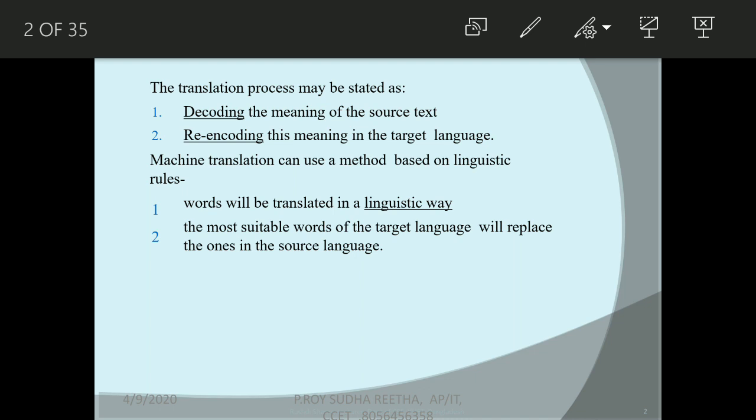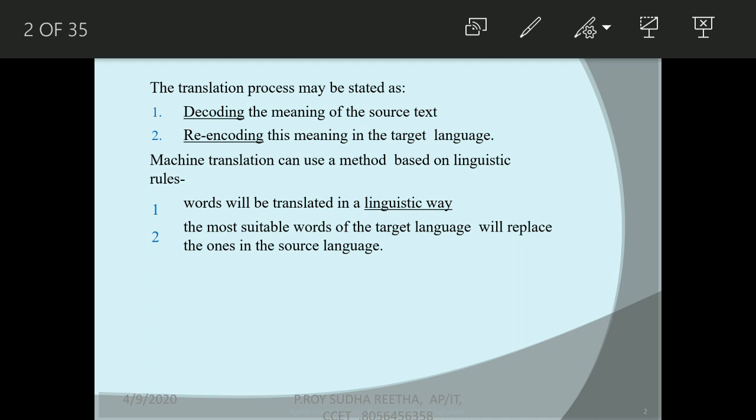The translation process can also make use of linguistic rules. In the previous video lecture we discussed linguistic rules. A linguistic way is nothing but a form of a word in text or in speech. When a word is represented in the form of speech or text, that is referred to as a linguistic way.